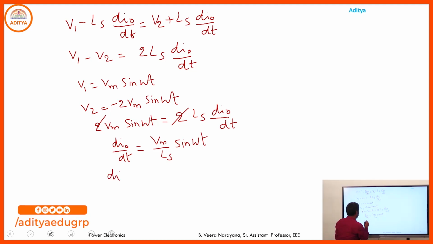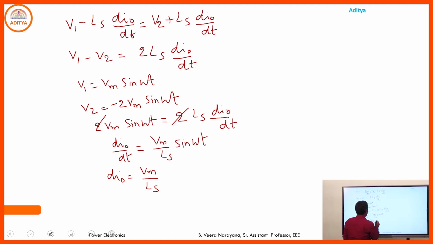And here di naught is equals to Vm by Ls sin omega t into dt.